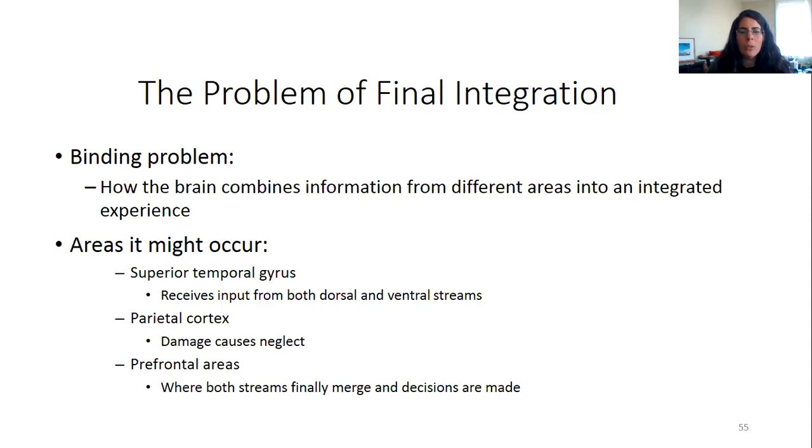The parietal cortex, where damage causes people to neglect, might play a role in binding. And prefrontal areas, this is where the streams merge and decisions can be made, further and deeper processing of the visual information.